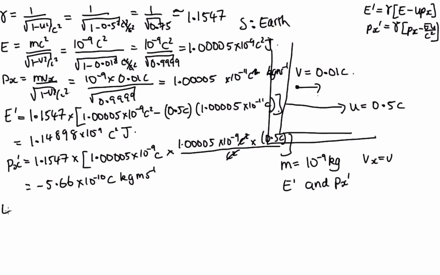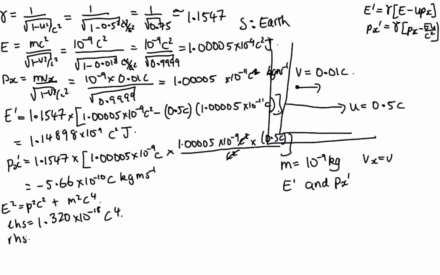Let's check that E squared is equal to p squared c squared plus m squared c to the 4. In this case, the left-hand side is E squared, so that's equal to 1.14898 times 10 to the minus 9 c squared, squared. And calculating that, we get 1.320 times 10 to the minus 18 c to the 4.